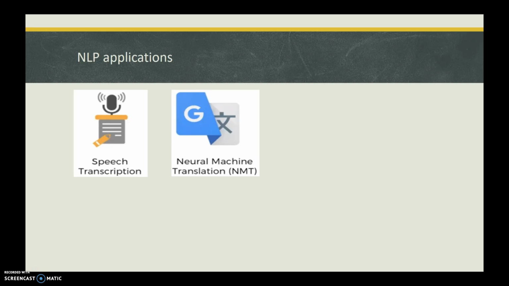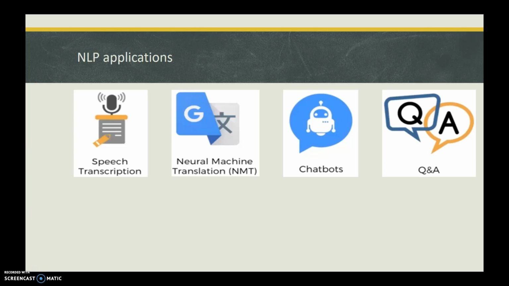Neural machine translation can be seen everywhere, like a useful tool for translating words into the language you understand. Chatbots. You can see chatbots in many website pages as a way to interact with the website. Question answering is also similar to chatbot, but here you can interact with the real world on the website.